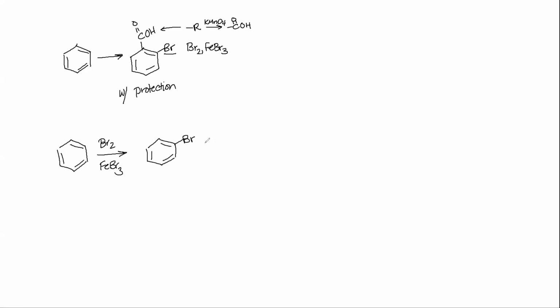Now, if I'm going to add an alkyl group, the major product is going to be para, although you could say I just want the ortho product. So let's go ahead and protect the para position by using SO3 and H2SO4 to put the sulfonic acid group in the para position.